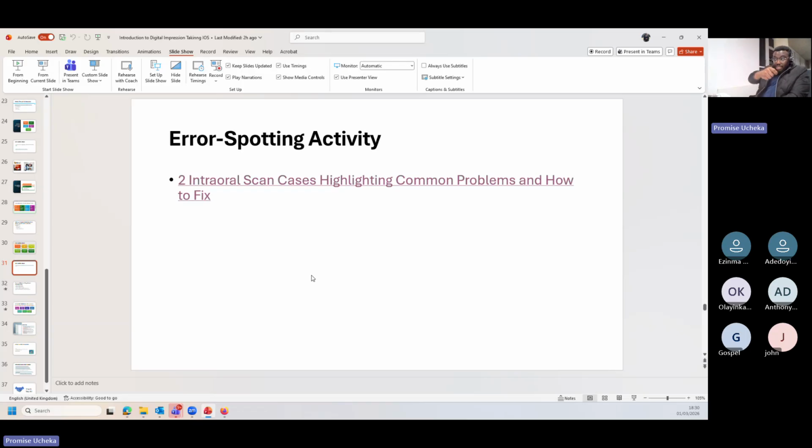Visualize yourself doing that work, having that patient and capturing all the images, and making sure that those images are all in order.